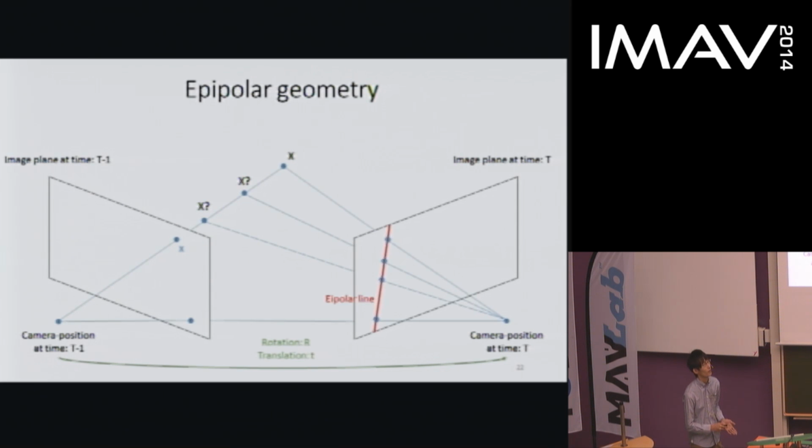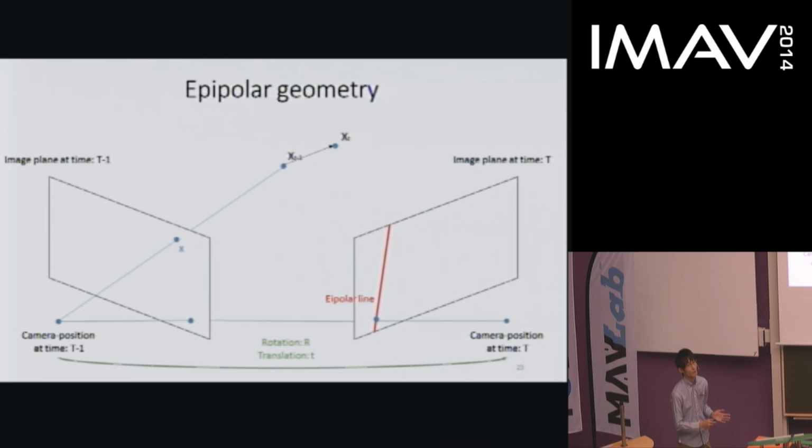This line is called the epipolar line. So if x is a static point, then x on the second image must lie on this epipolar line. This is the epipolar geometry. Using epipolar geometry, we can detect some moving points.